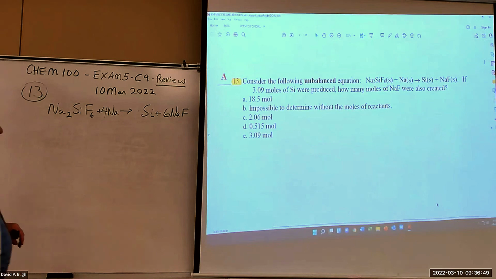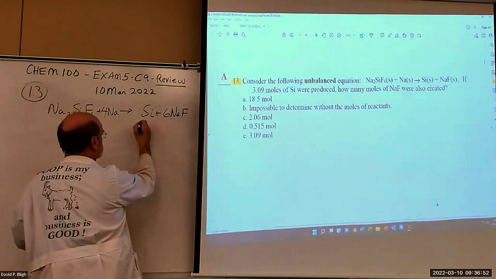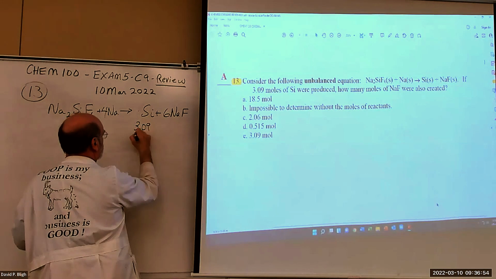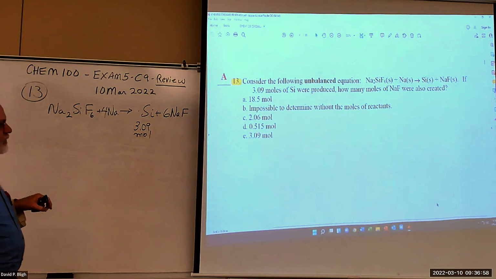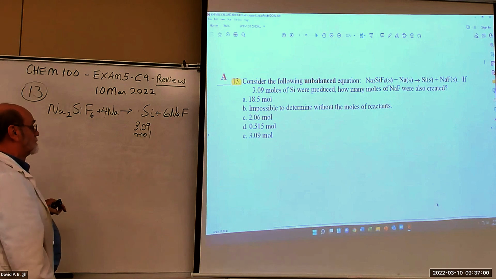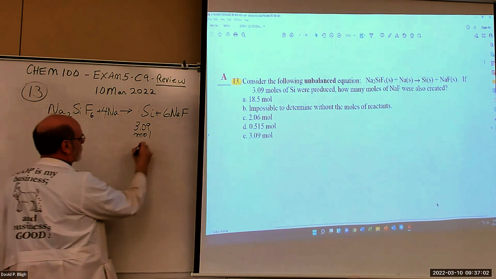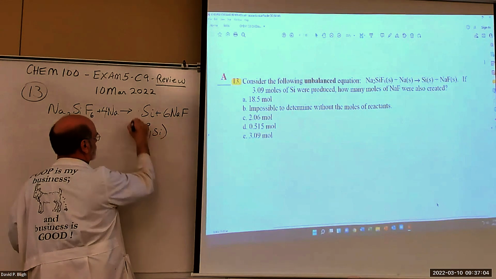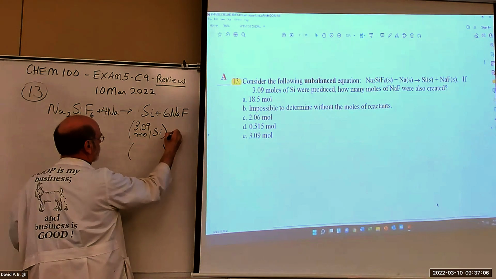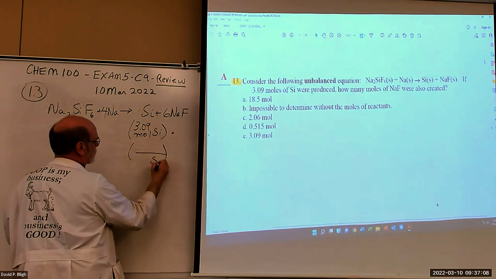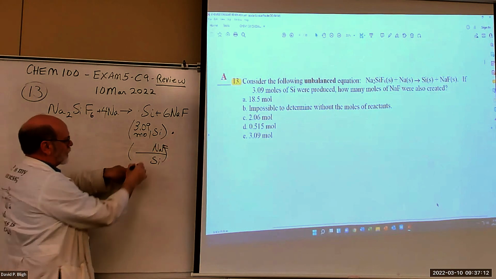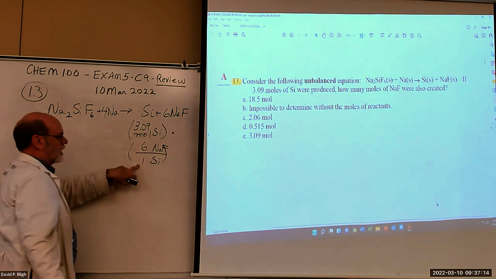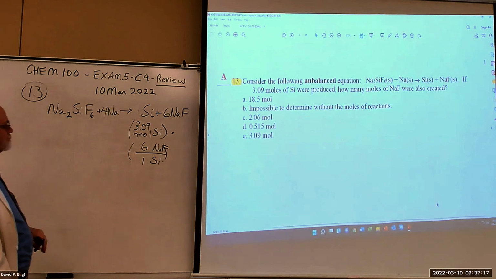If 3.09 moles of silicon are produced, how many moles of sodium fluoride were also created? Oh, okay. So if this is silicon, then we just need to multiply it by the ratio: 1 silicon, 6 sodium fluoride. Right?